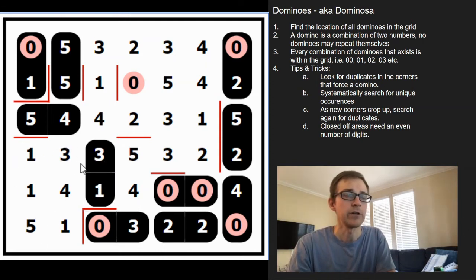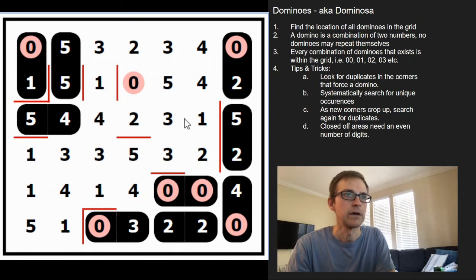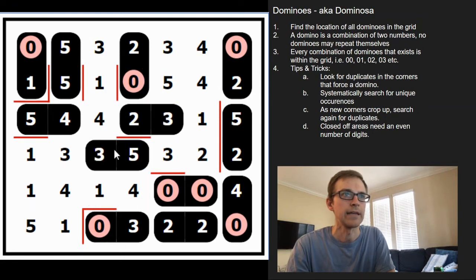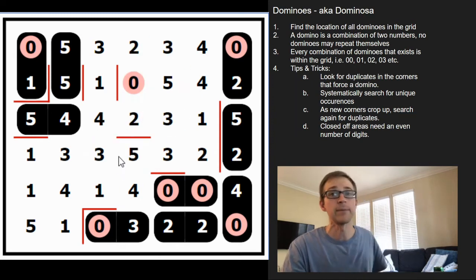Now this is okay because there's 6 digits in here. But if on the other hand, we closed off an area like this, that would not work because now you have an odd number of digits. So hopefully that makes sense.